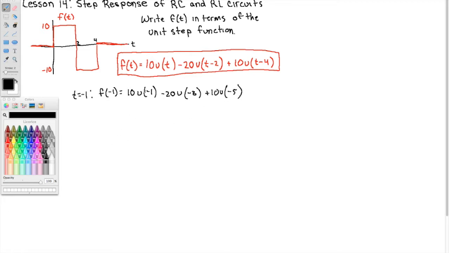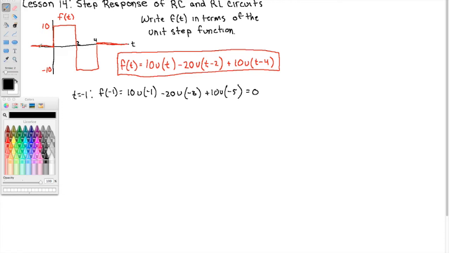So these are all negative input arguments into the unit step, so these are all 0. In fact, any value of t less than 0 is going to give me a negative input argument here, here, and here, and so the whole thing is 0.